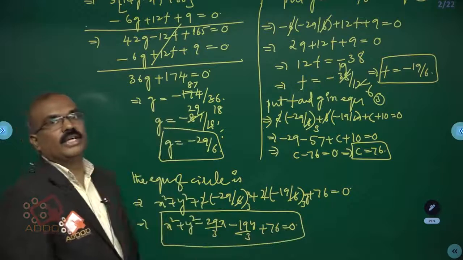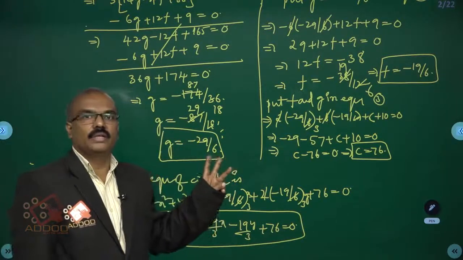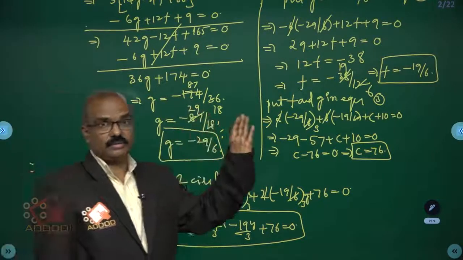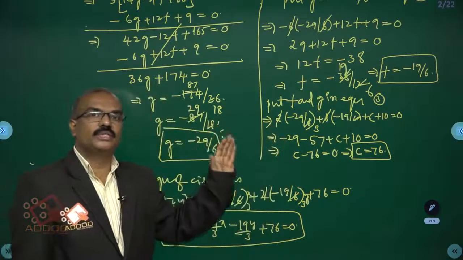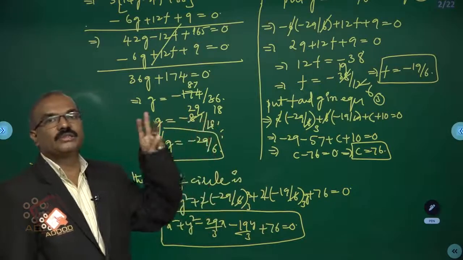So like that we have to find the equation of the circle when the 3 points are given. We assume the standard equation of the circle is x square plus y square plus 2gx plus 2fy plus c is equal to 0, and that standard equation passes through the 3 points.